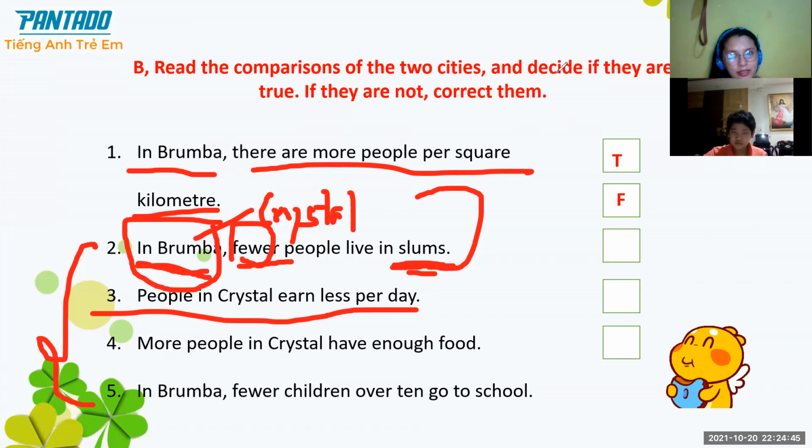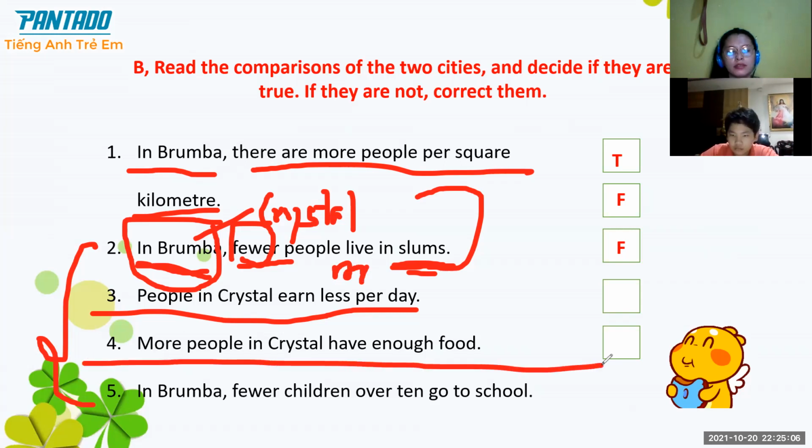Is it less? Okay, that is false. As you can see, the people in Crystal earn more than the people in Brumba. That is more.